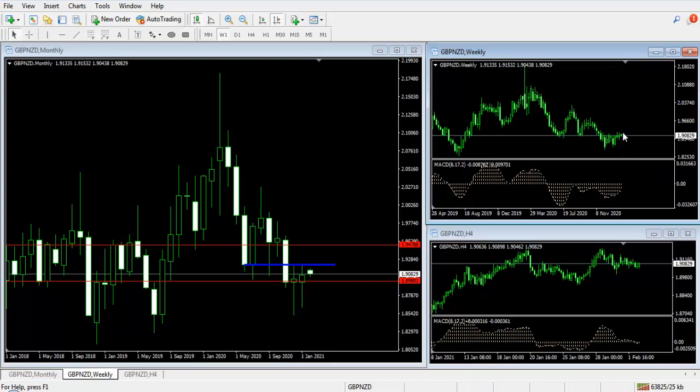Again, looking at the 4 hours, the price retraced to that level already. Okay, so it could be that the current month's candle doesn't go higher than that point. We made the high already, and then it just sells off. If that does happen, the New Zealand is already in position. The weekly is already in sell position. We will then just wait for the 4 hours for our entry.